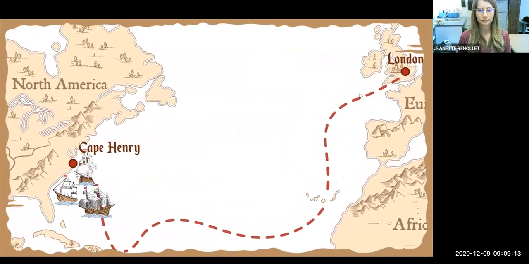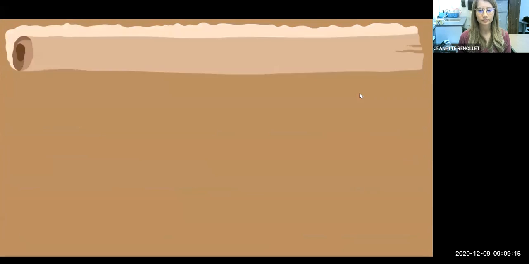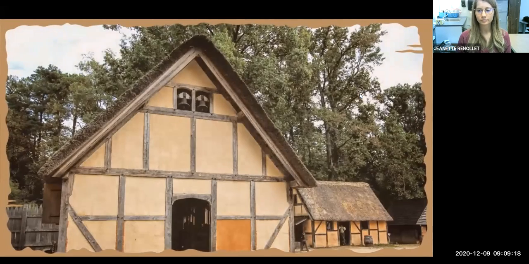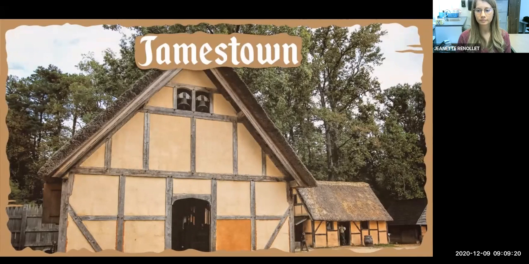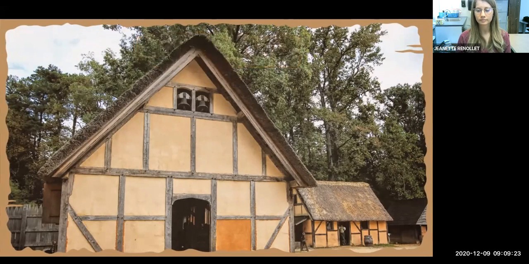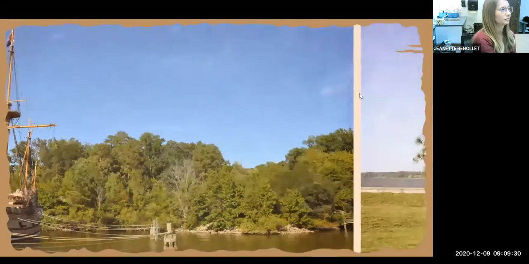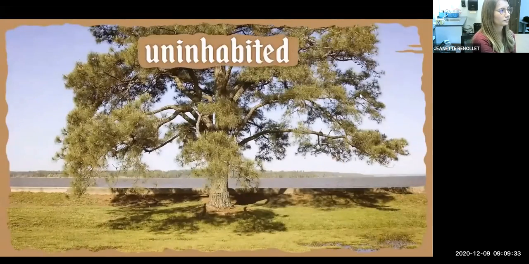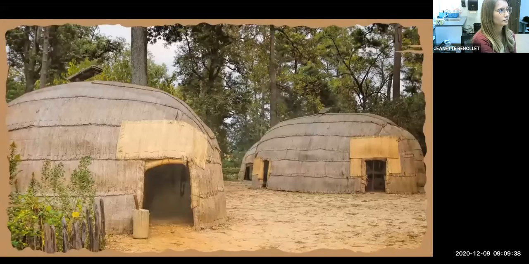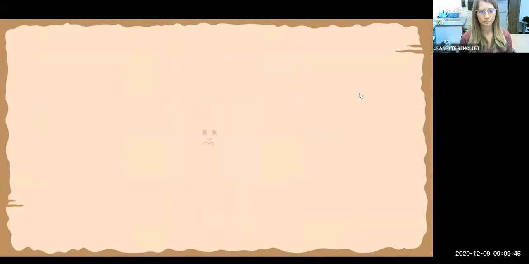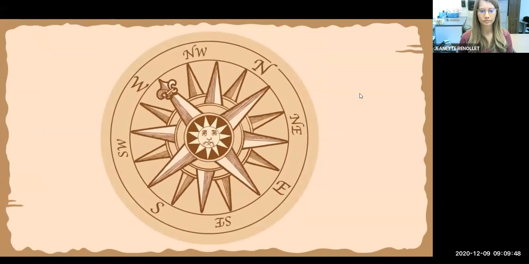They would soon begin to explore land in Virginia. Jamestown was the perfect location for a new settlement. It was surrounded by water, which made it easy to escape from attacks by boat. The area was also uninhabited, which means that no one lived there. While Native Americans lived in nearby areas, Jamestown was free to colonize. The settlers' long voyage had finally come to an end.